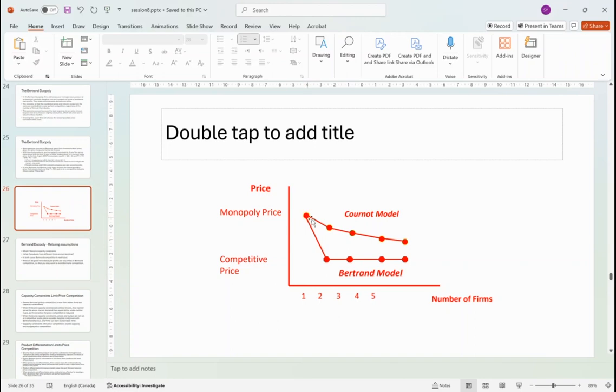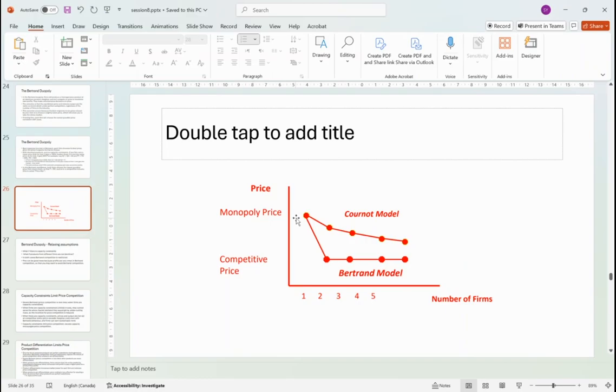Under the Cournot model, as the number of firms is increasing, the outcome is converging to the competitive price, right? And if the number of firms goes to an unlimited number, I mean infinity, then it's going to be equal to the competitive price, right?